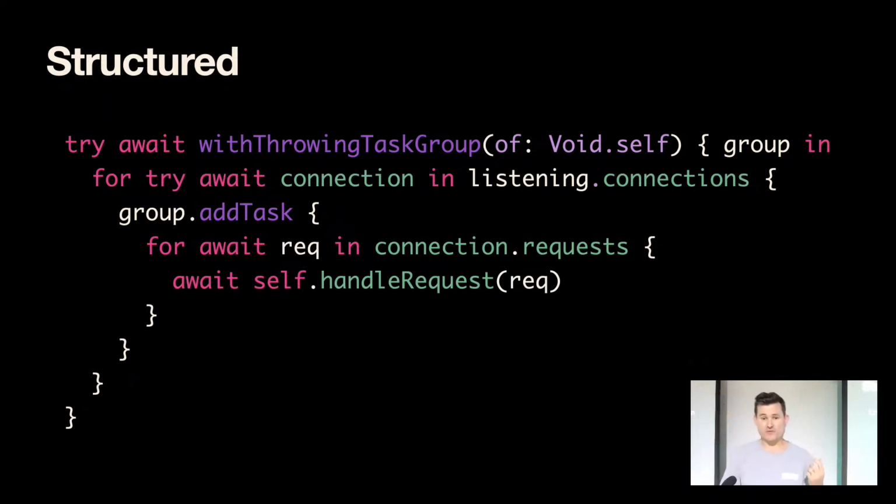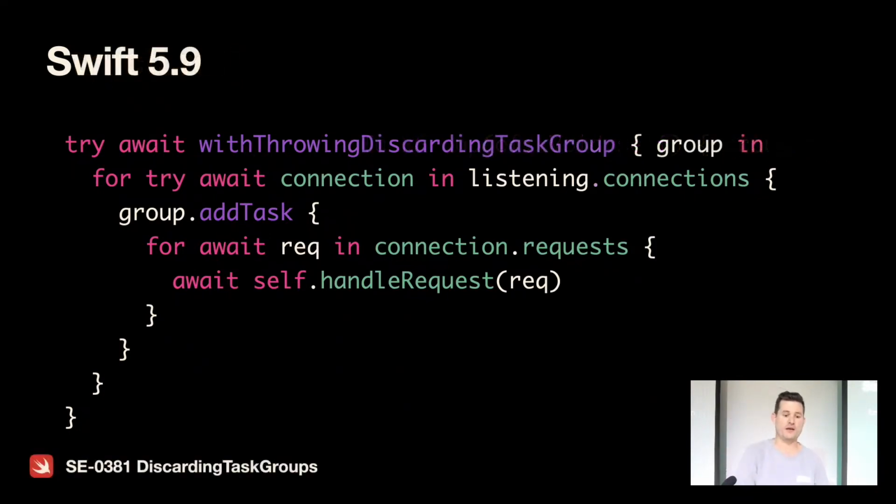These are slightly wasteful. I think Amy mentioned SE-0381, I can see it on my slide, which is discarding task groups. So that's coming in Swift 5.9. And the waste there is that every child task that you start with a server like this, you don't really care about the response.